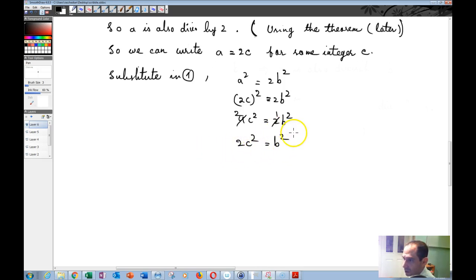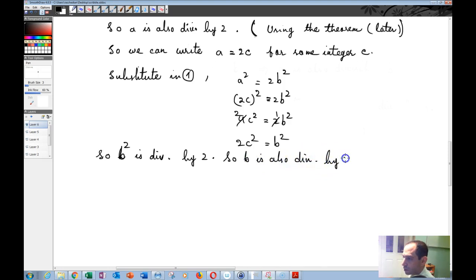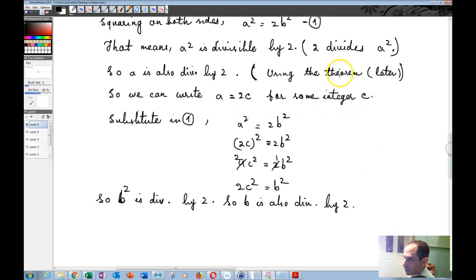So what this means is that since b squared can be written as the product of 2 and some other number, b squared is divisible by 2. Okay, and so b is also divisible by 2 based on the same theorem that we talked about. So if b squared is divisible by 2, b is also divisible by 2.